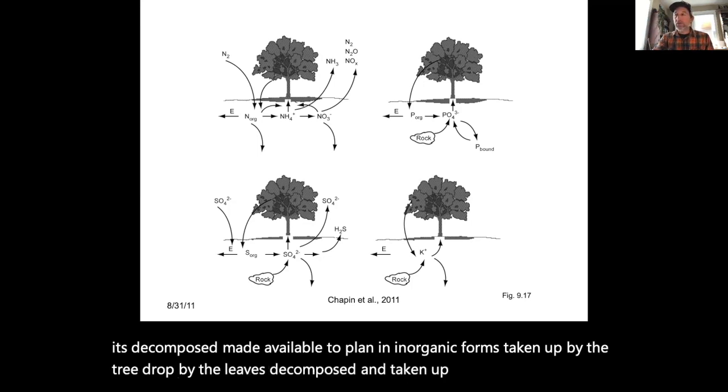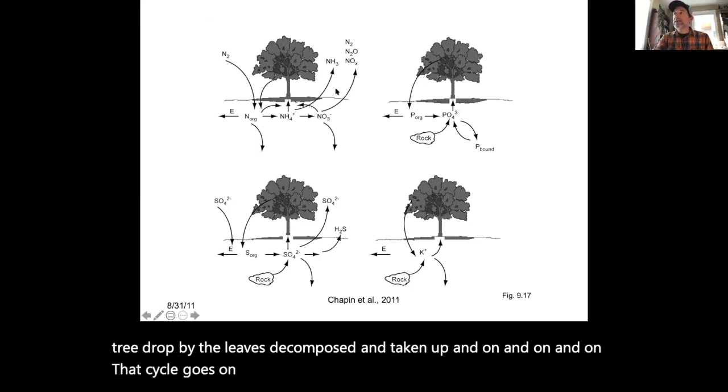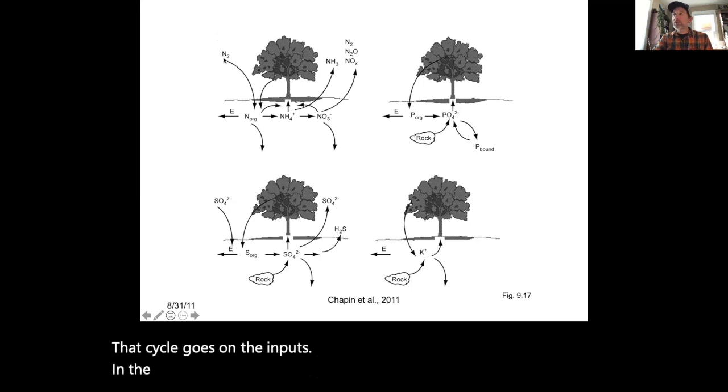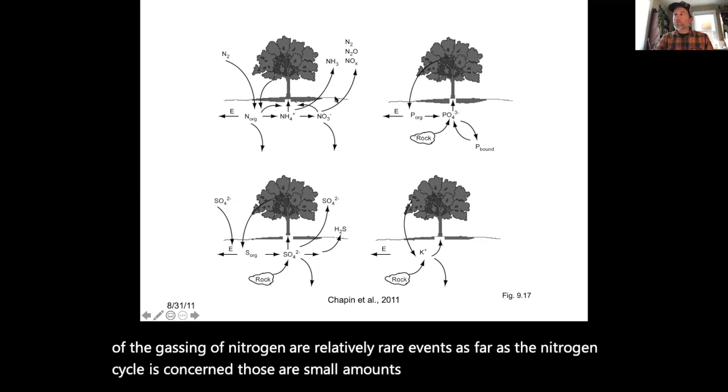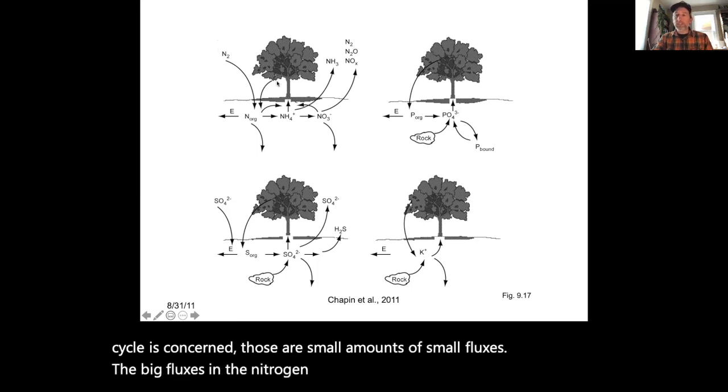That cycle goes on. The inputs in terms of nitrogen fixation and the outputs in terms of degassing of nitrogen are relatively rare events as far as the nitrogen cycle is concerned. Those are small fluxes. The big fluxes in the nitrogen cycle, typically in a forest ecosystem, take place internally.